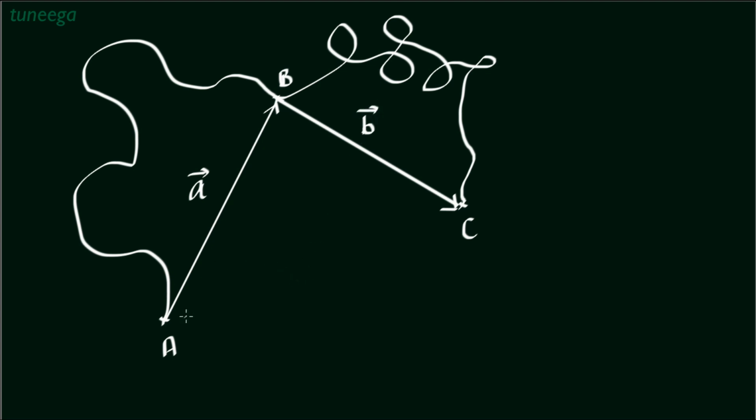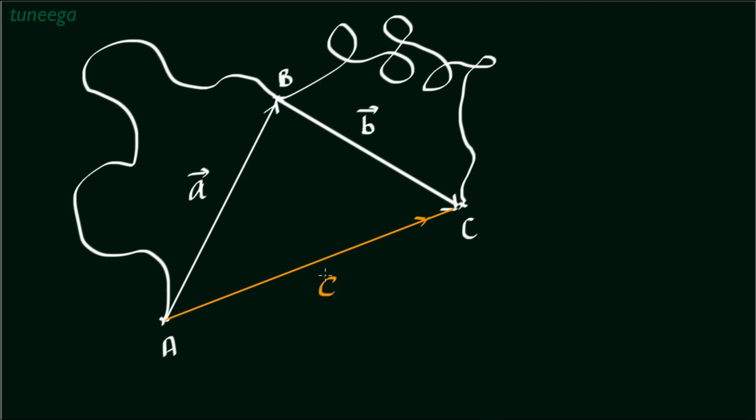Now if you look at the overall path, I started at A and the object went through this complicated route, arrived at B and went further through another complicated route and arrived at C. So the total displacement is starting at A and ending at C. So the net displacement is this vector. Let's give it a name.